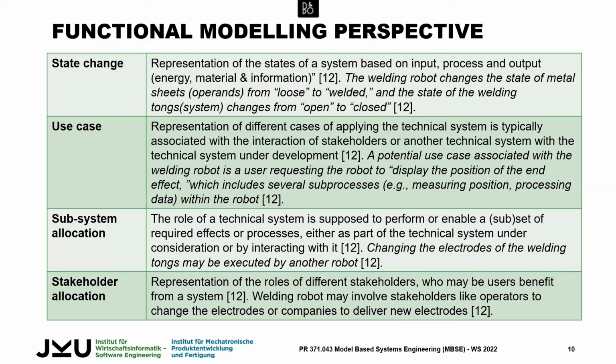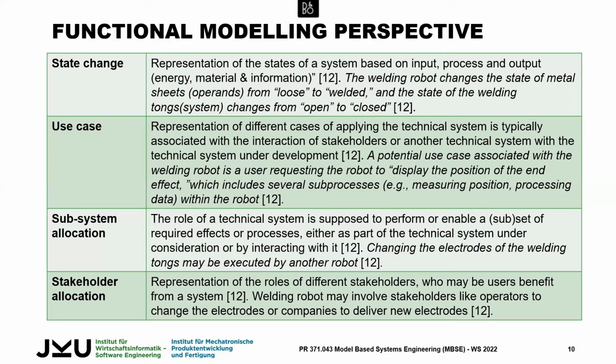Okay, and subsystem allocation. When you are defining your main functions, it is not really clear how you are going to divide your subsystems. So functions also help to understand or define what the subsystems could be and how.